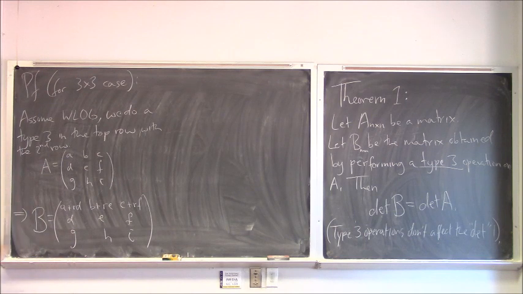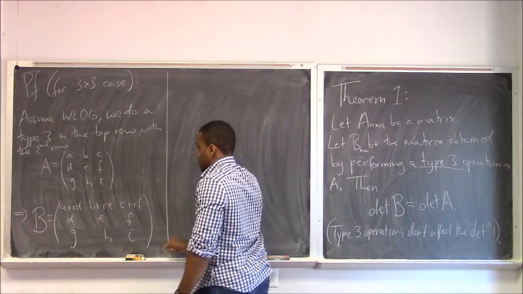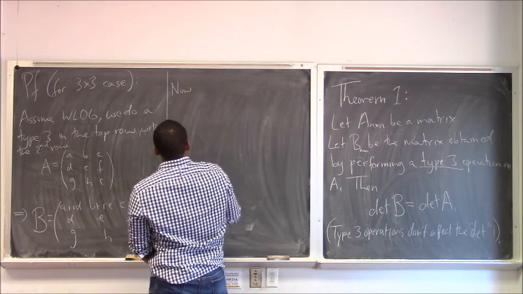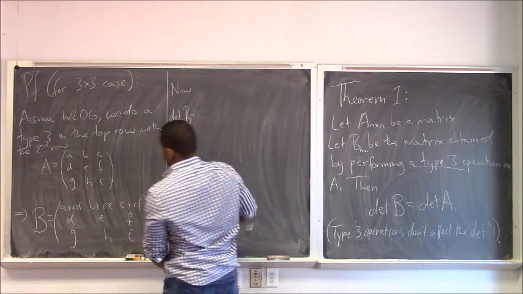So I've now performed a type 3 operation in the top row with the second row. So replace the first row with itself plus a multiple of the second row, I would obtain a matrix that looks like this. Now, the determinant of B is going to be equal to what?